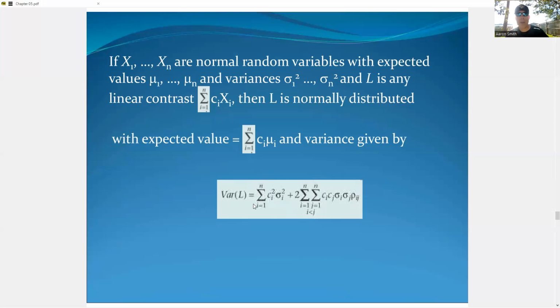And the variance is this formula here. So if I have independence between all of the normal random variables, the covariance term is equal to 0, and we just have the sum of the variances times the coefficient squared. When I don't have independence, I have this covariance correlation aspect coming into play.